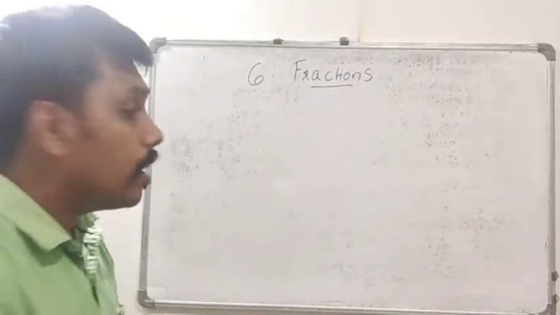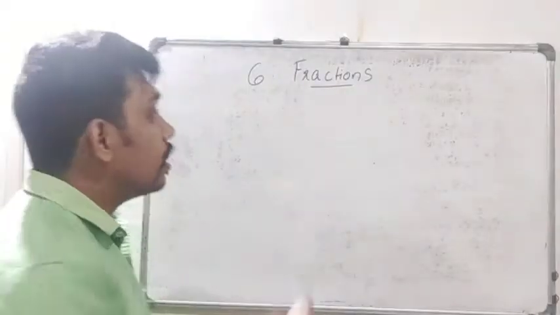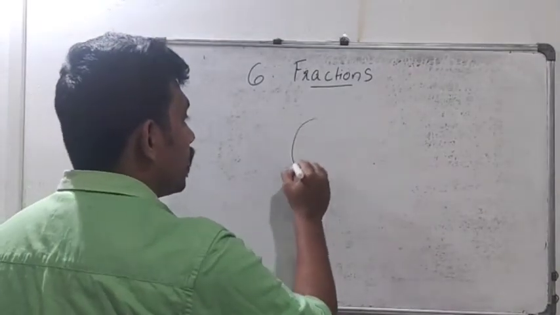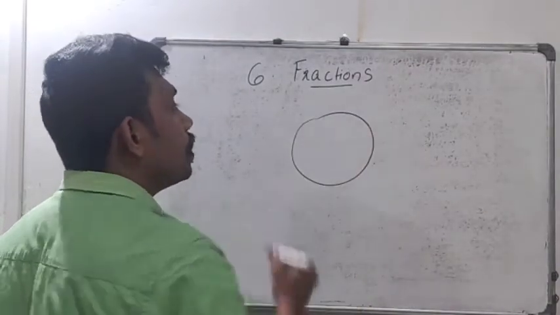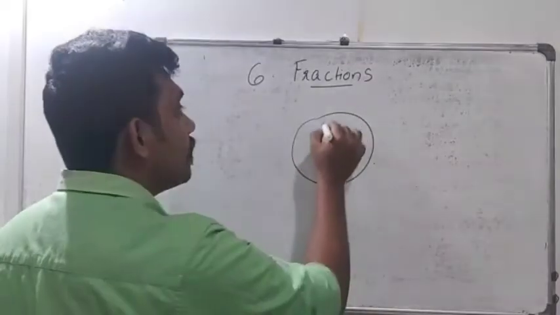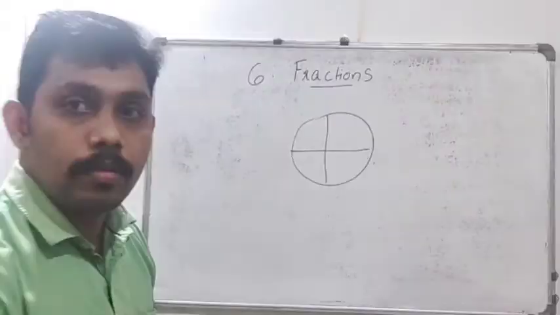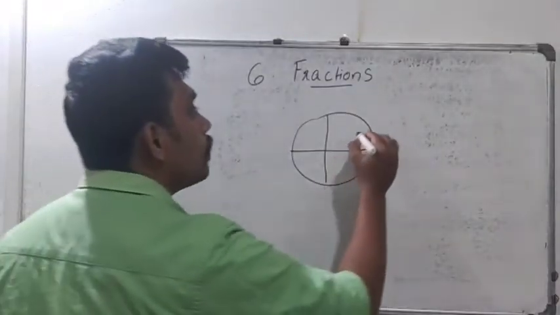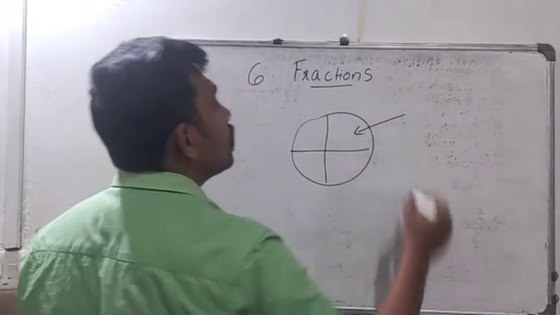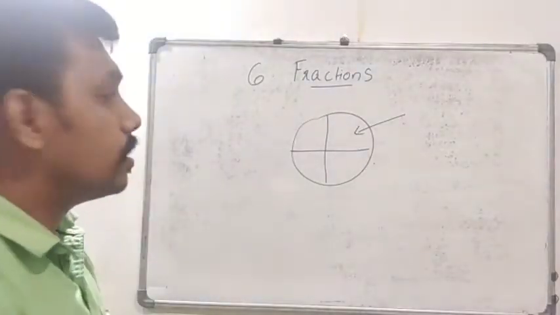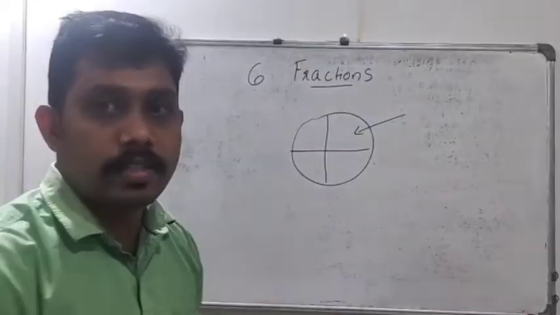Okay, so I'm going to explain. Here we have a cake. I'm going to divide this cake into four equal parts. So how will we describe this part? Here we have four parts, isn't it?